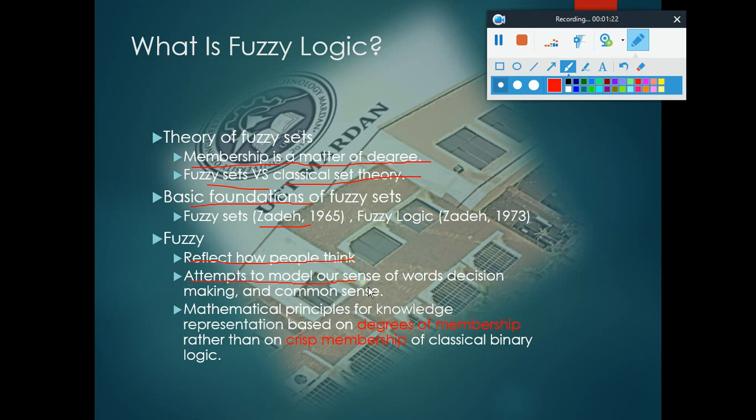It attempts to model our sense of words, decision making and common sense, with mathematical principles of knowledge representation by degree of membership rather than crisp membership of classical theories.